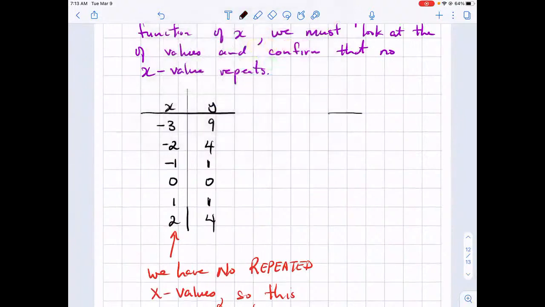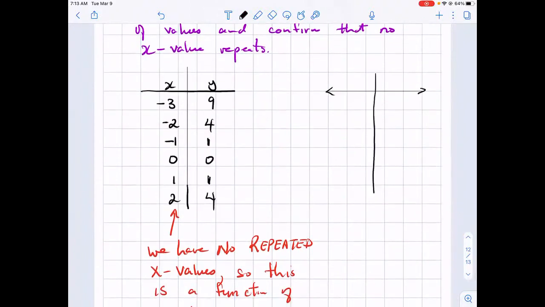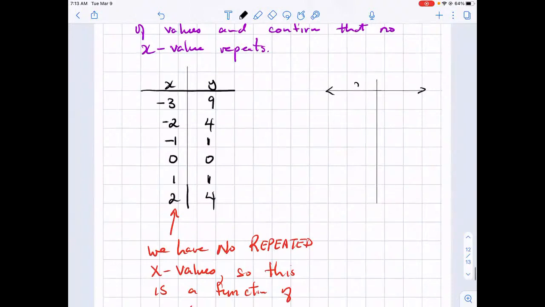On the other hand, if I have this table here, and if this is x and this is y, for example, if I have -4 goes to 4, -3 goes to 2, -1 goes to 0, 0 goes to 1, and then 2 goes to 6.